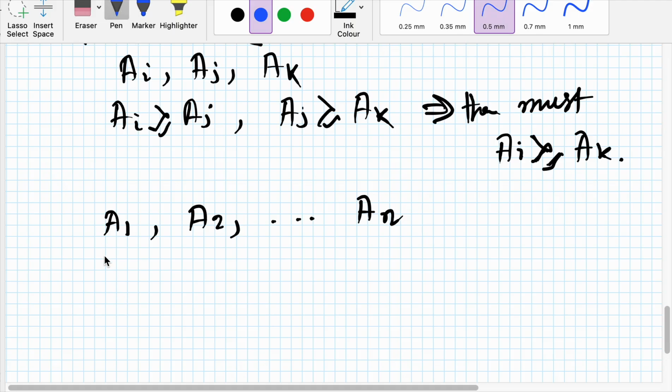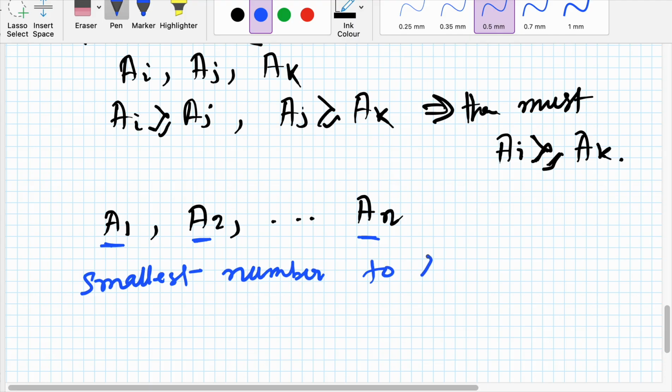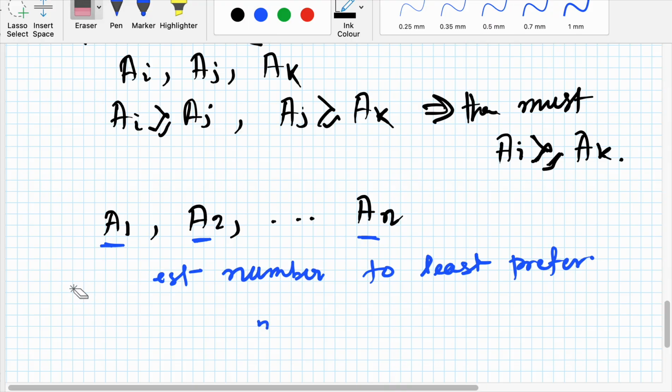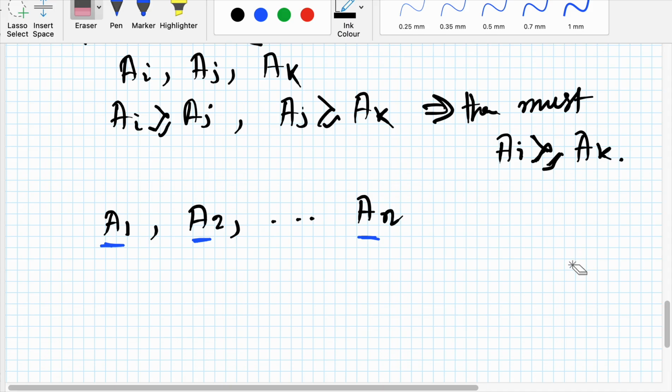We will associate the smallest number to the least preferred option, and the largest number to the most preferred. Let me give an example, then it will be clear how we assign these numbers.